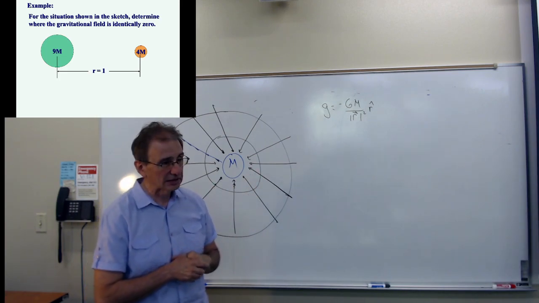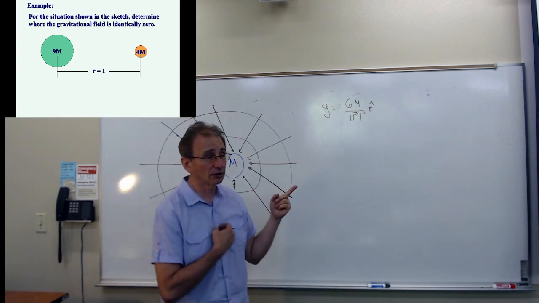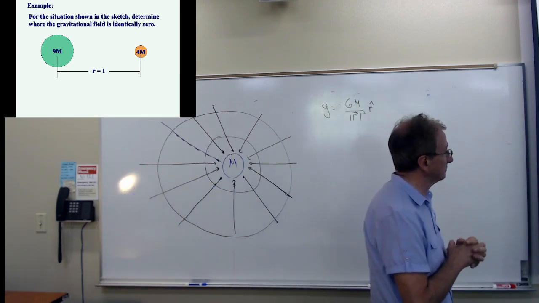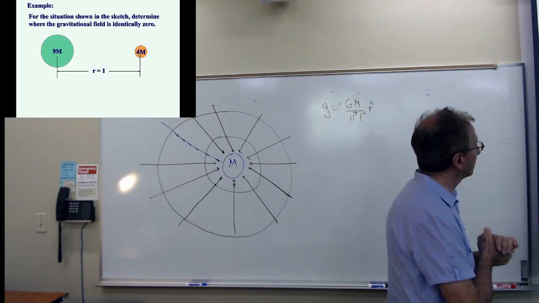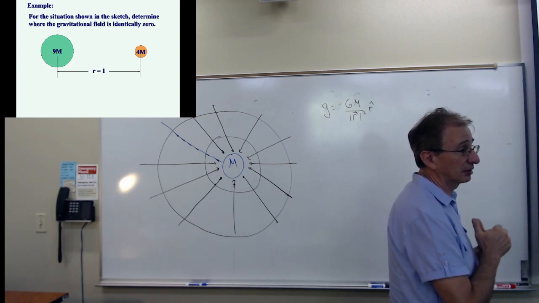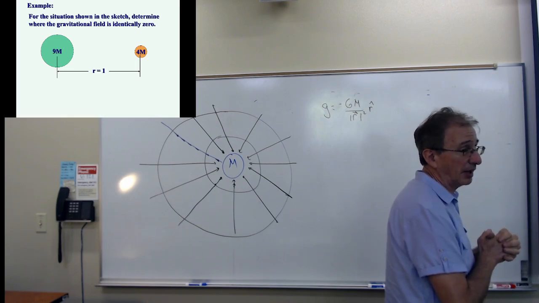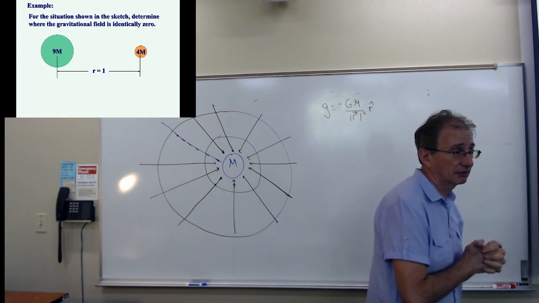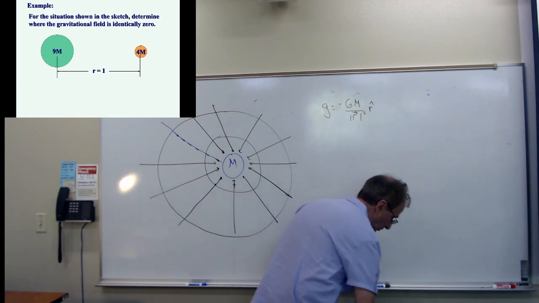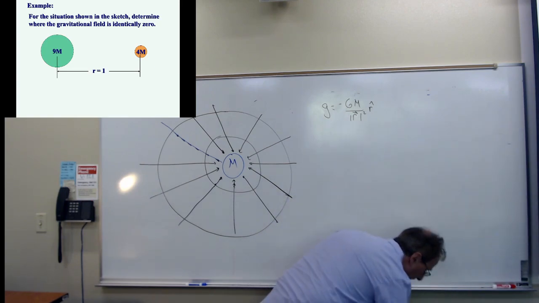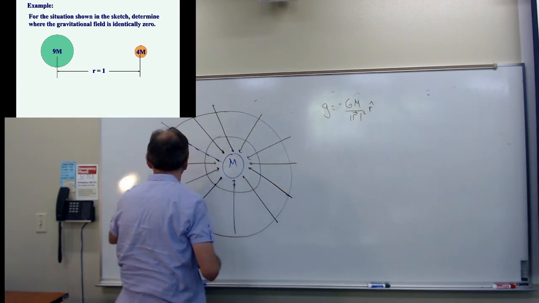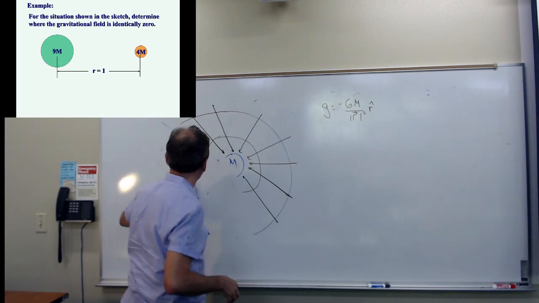So what I want to do is look at this example. I want to find a location where the field in space is 0. And then I'll stop here.